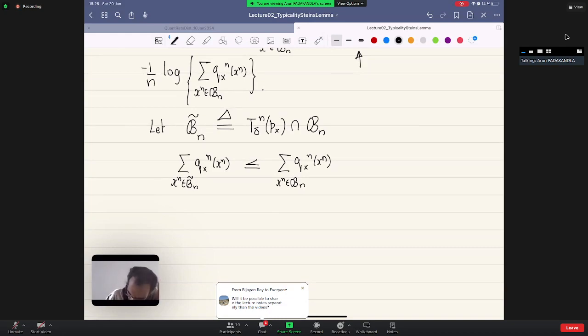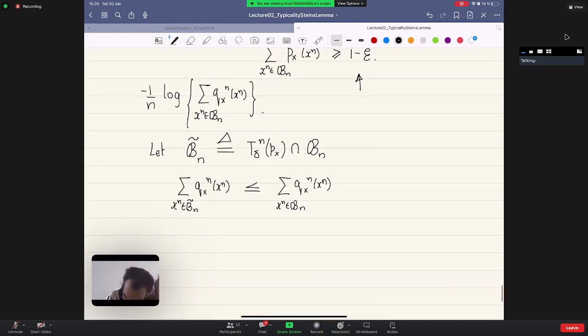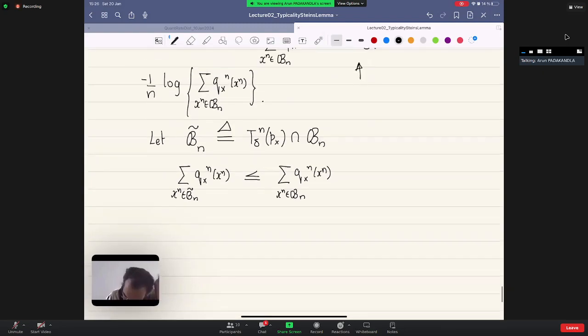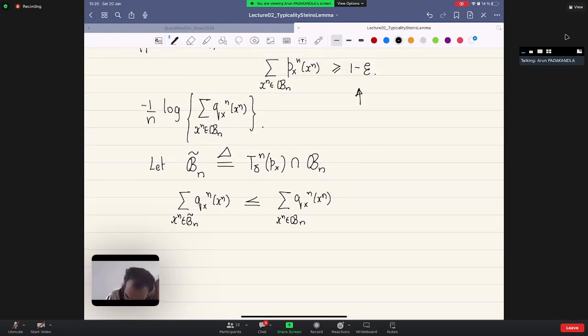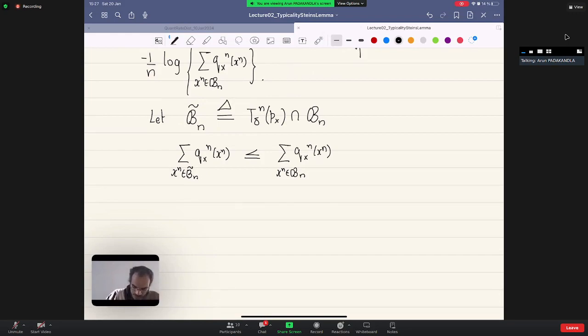So what do we know? We know this, right? This is true. What do I want? I want to find, so what I will show is the following. I want to now show a lower bound on Bn. Okay, I want to show a lower bound on this.